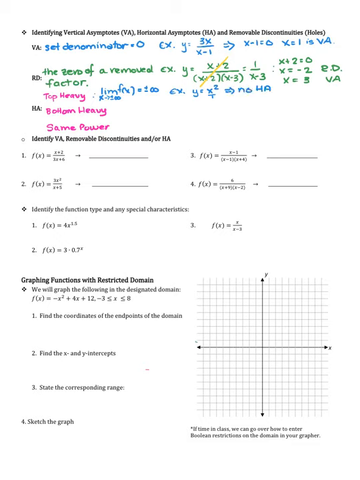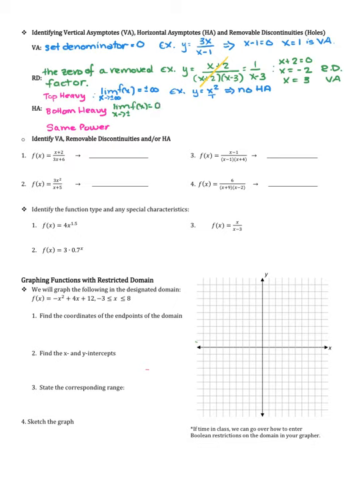It's growing without bound. If it's bottom heavy, in other words, your denominator is growing really big, well, remember that fractions work inversely. So as the bottom is getting bigger, the overall value is getting smaller and smaller, and it's basically going to 0.